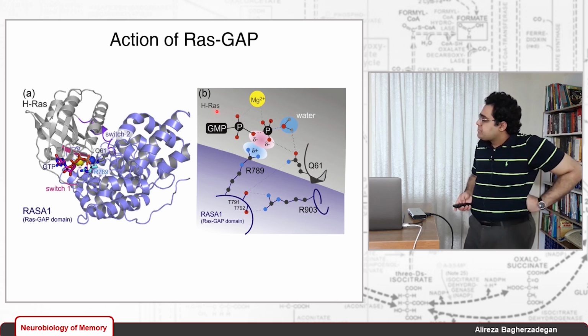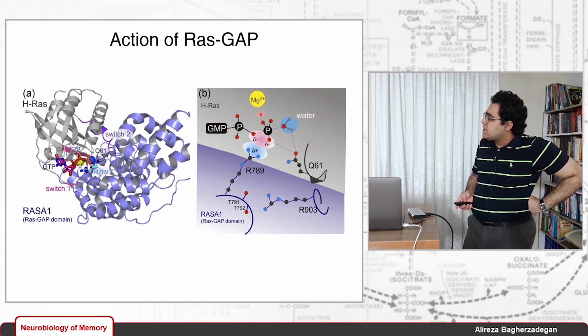So this part is H-Ras bound to GTP, and this is the beta or the second phosphate, and this is the third phosphate. We have a magnesium ion coordinating that GTP with a water molecule, and here we have a part of the GAP.